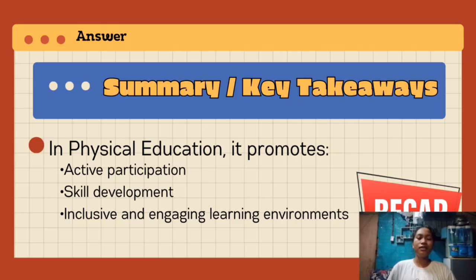By following the ASSURE model, we don't just teach as teachers, we guide and motivate and of course empower our students to love movement or physical education and develop lifelong fitness habits.